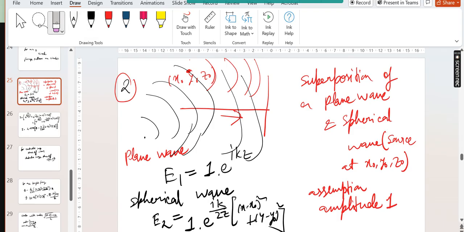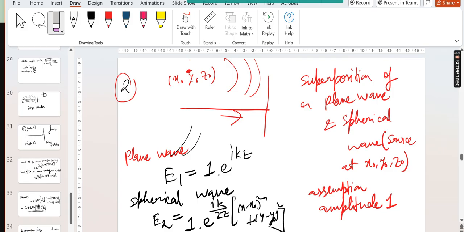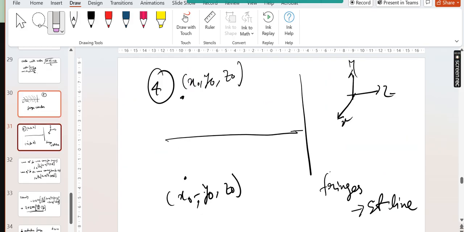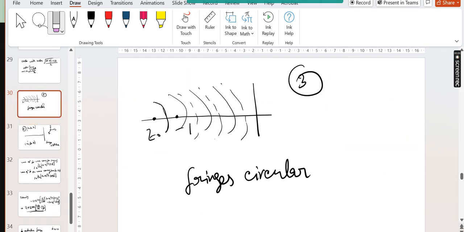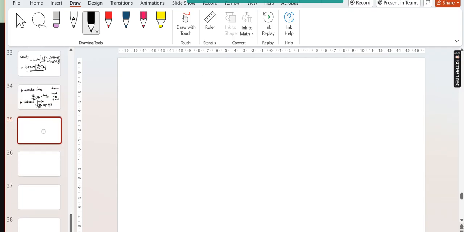So the angle doesn't matter for spherical waves, but for plane waves it gets reflected in the kx, ky, kz components. So this is a circular fringe. And when the 2 points are like this, we also get circular fringes, but when the 2 points are situated at plus y naught or minus y naught, it results in a straight line.